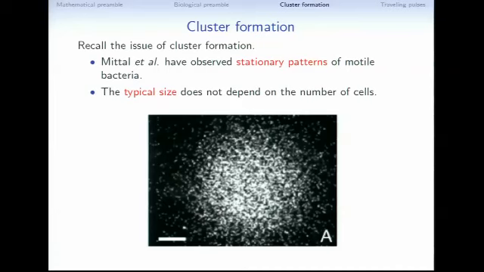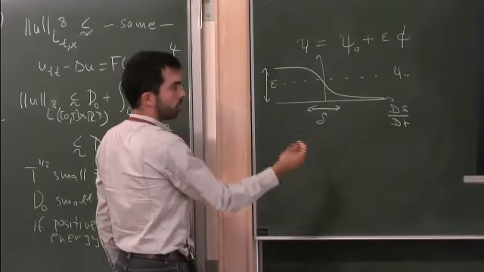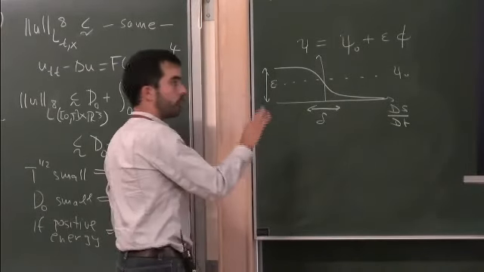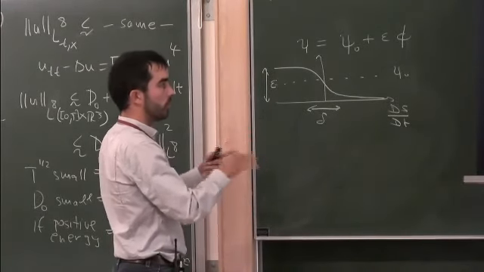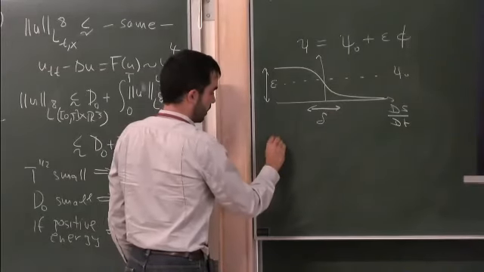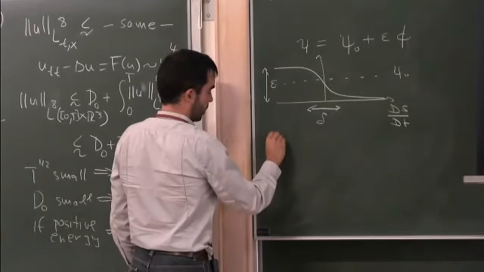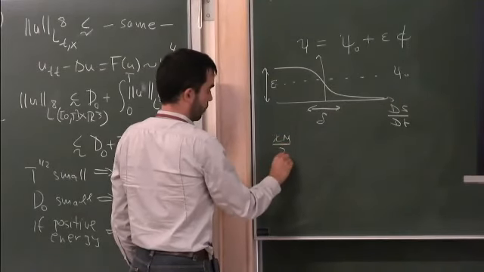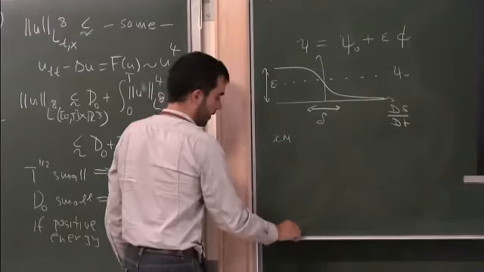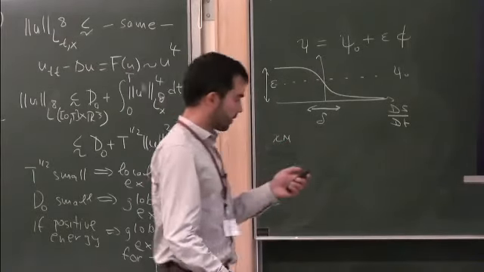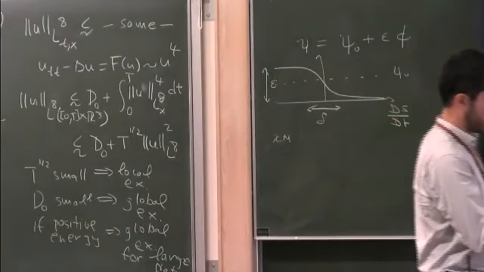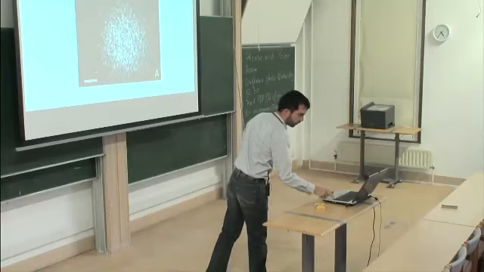If you increase the number of bacteria, you will not increase the size of the cluster, which, if you remember, for Keller-Segel was not possible, because in 1D for Keller-Segel, although in 2D it's not bounded, whatever, the size of the cluster in 1D is related to chi m over 2, let's say chi of m. So the mass appears in the size of the cluster.